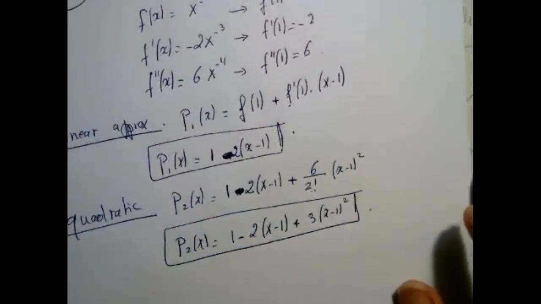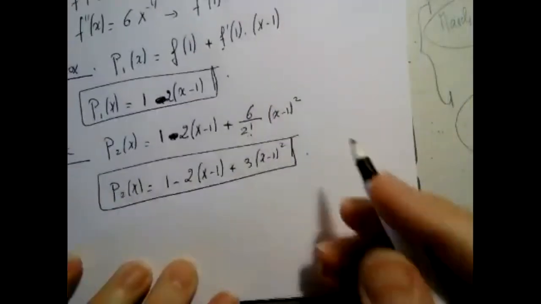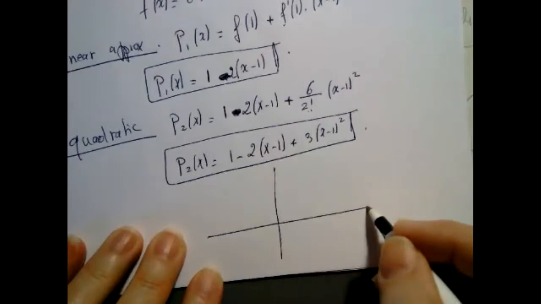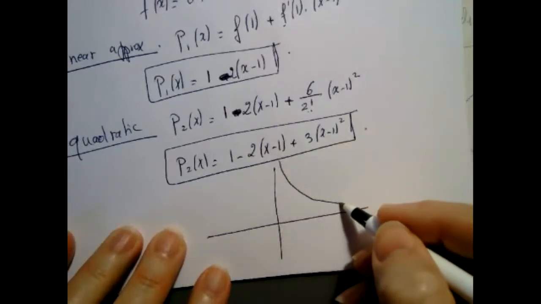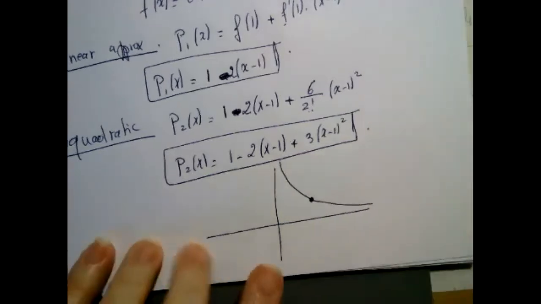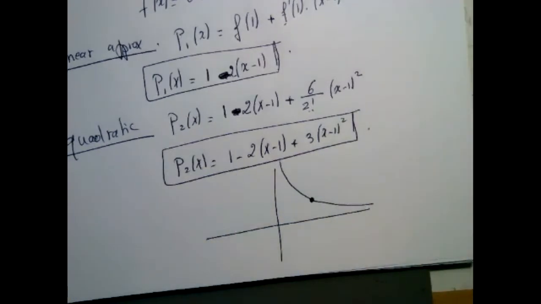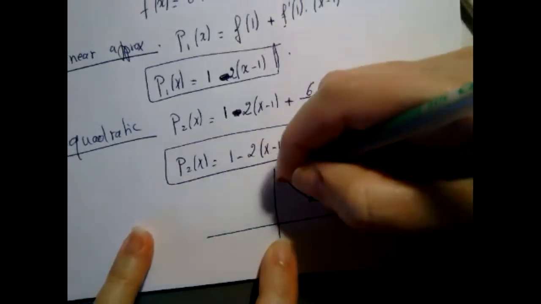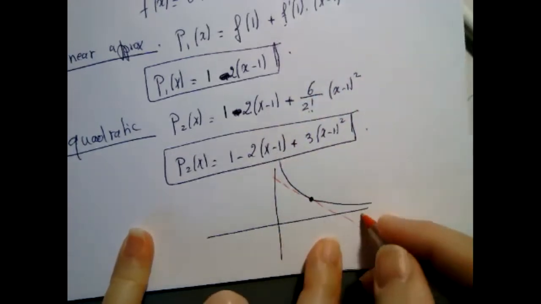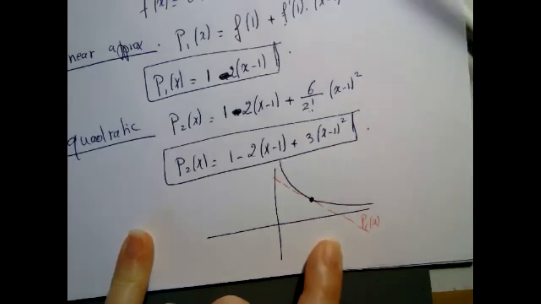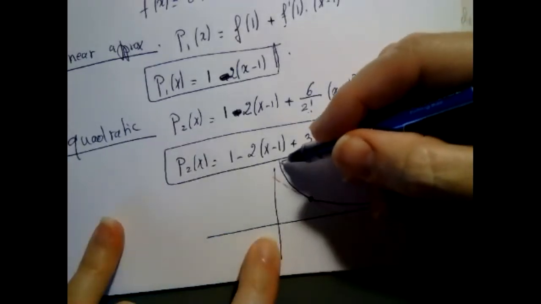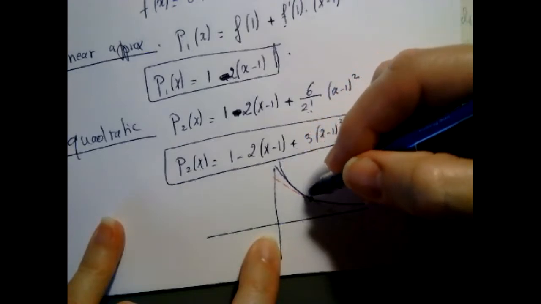Okay. The picture is that this is the graph of the function, 1 over x squared, which looks like that. So that's the original function. That's the base point, and near this point we're doing the approximation. P1 is the tangent line. That's P1, it should look like that. And P2 is a parabola, which is going to be closer to the function than the tangent line.